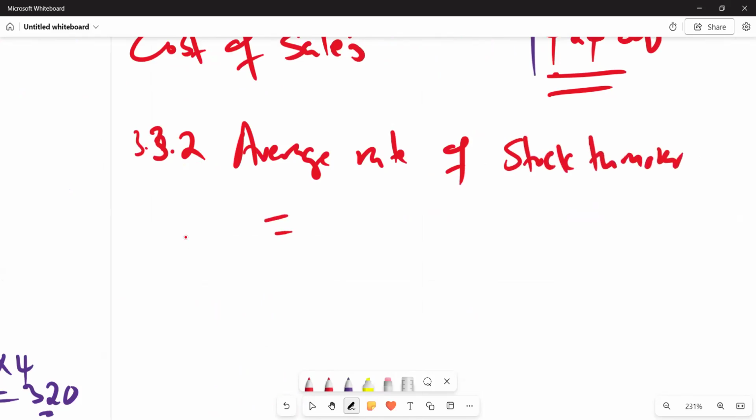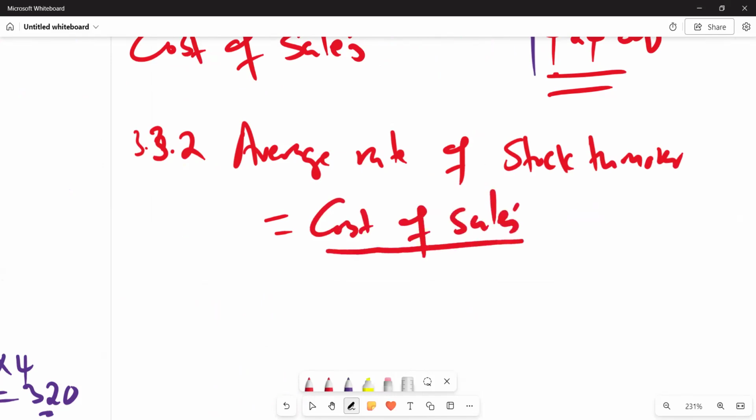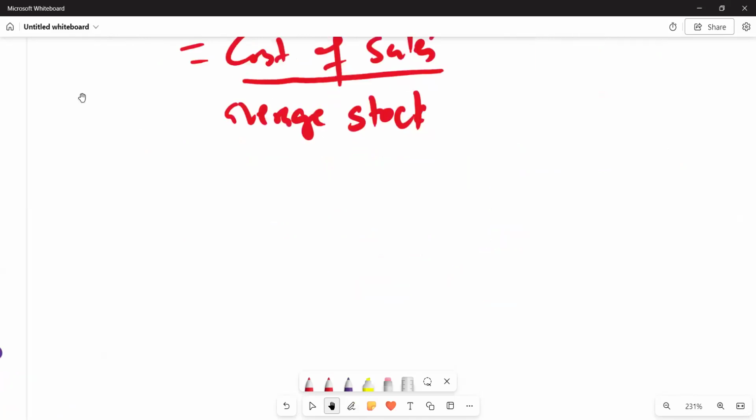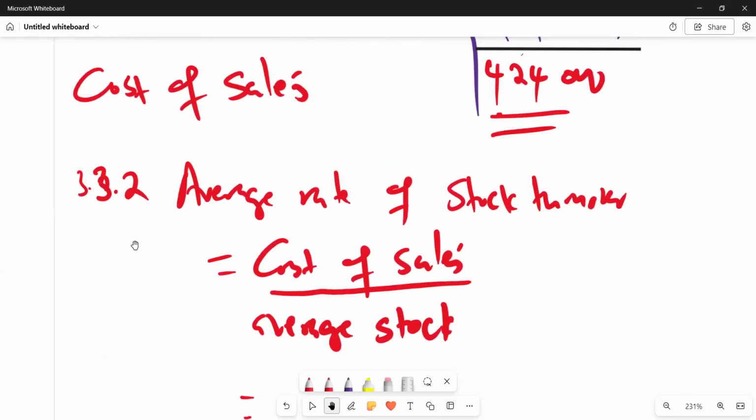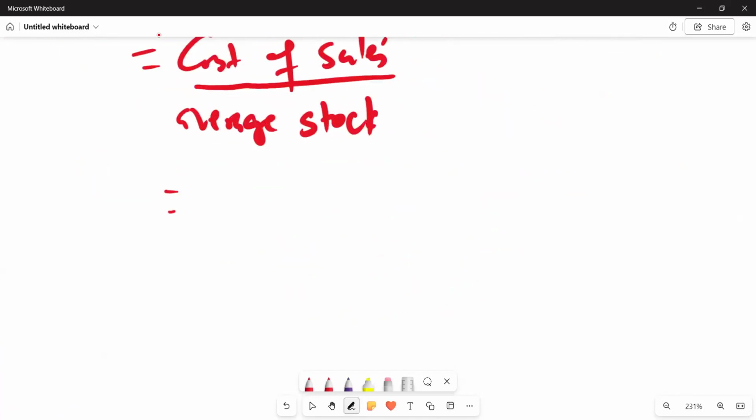So we calculate it, the formula that we use is cost of sales over average stock. So obviously, according to the information that we have, cost of sales, we calculated it. You can just go refer back, which is 424,000. So it's going to be our numerator.